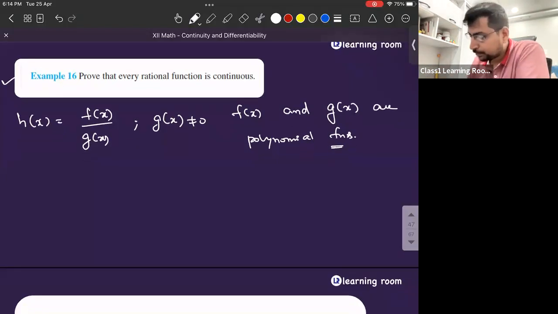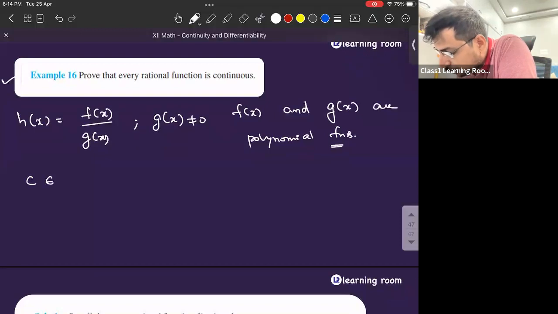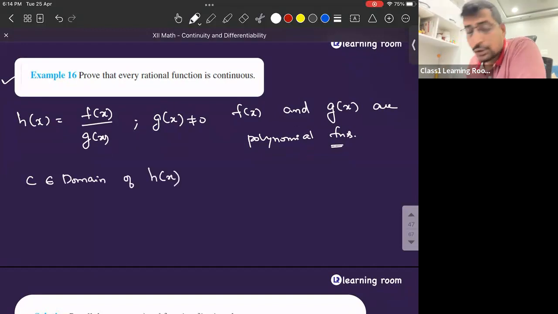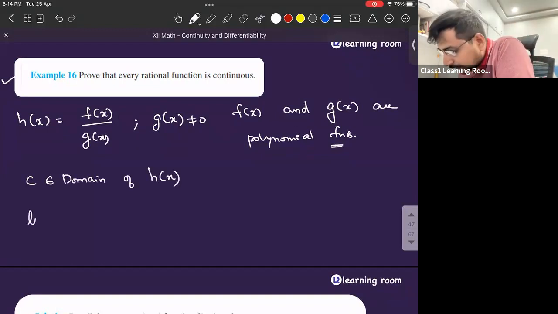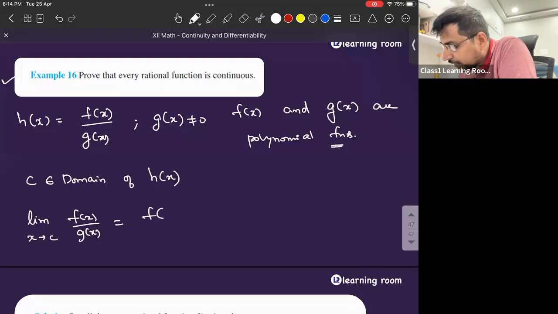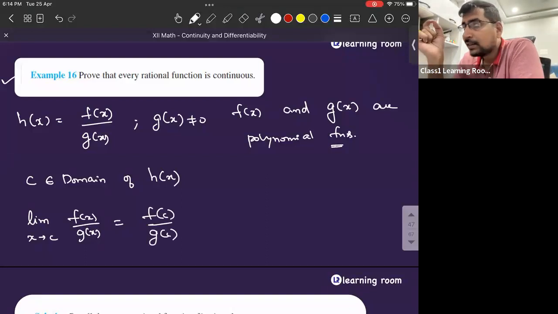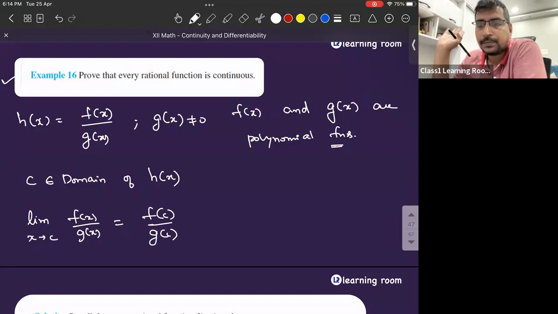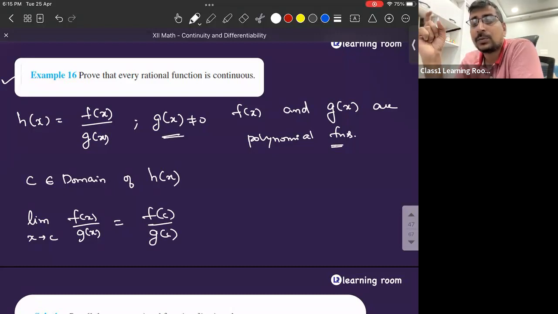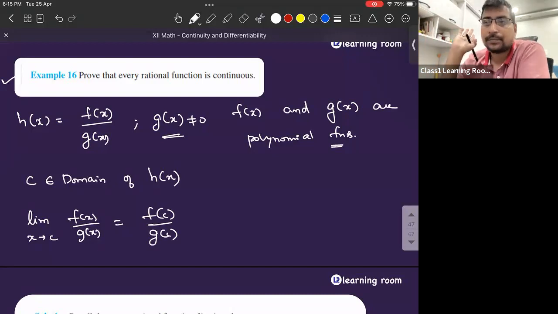By now you would have understood. If I take a point c which is in the domain of h of x, then limit x tends to c, f of x divided by g of x is going to be equal to f of c divided by g of c. I can confidently write it because c is a value from the domain, which will definitely not generate g of c to be 0, because the function itself is defined in such a way that you can take any real number except the value of x which will generate g of x to be 0.